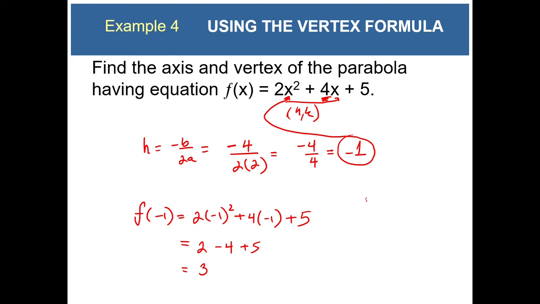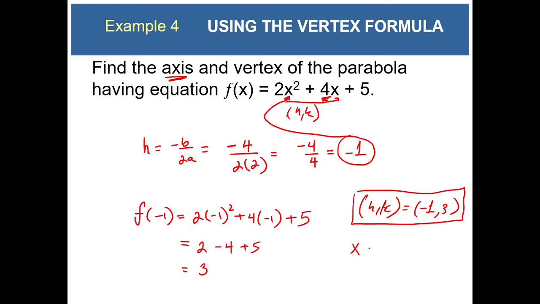And this tells me my vertex h comma k is equal to negative 1 comma 3. So we can find the vertex without completing the square. The axis of symmetry is always the value of h. So in this case, the axis of symmetry is x equals negative 1.